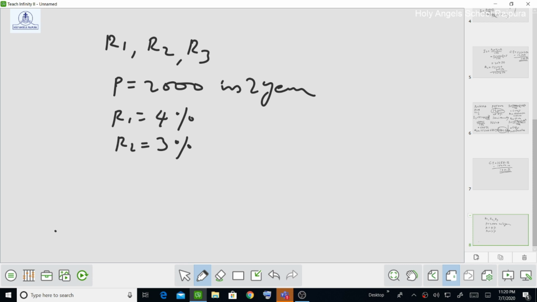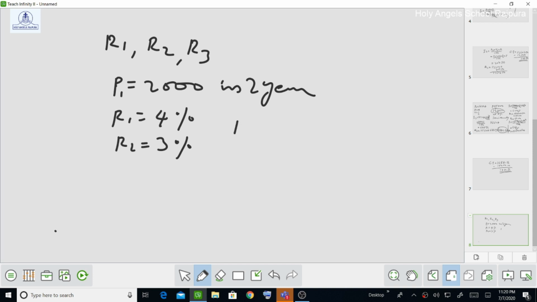How do we calculate the compound interest and amount? Same method, but when we apply the R value, it is different, not the same. In previous questions we have put the same value of R. So the original P is called P1.